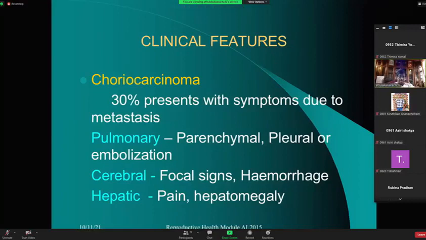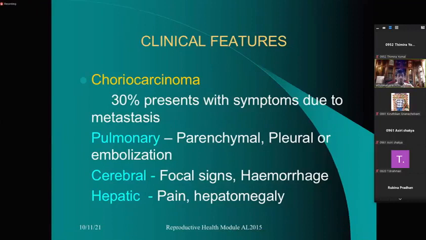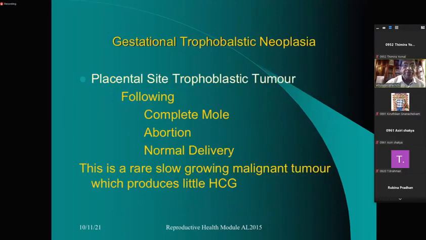It can come with deposits in the liver and lung. All that are possibilities. So trophoblastic neoplastic ones can follow a complete hydatidiform mole, abortion, or normal delivery.